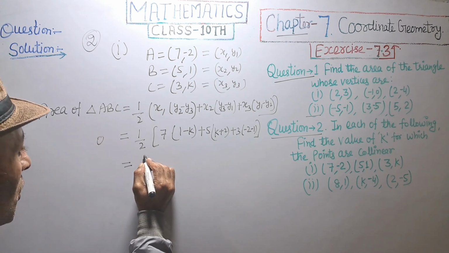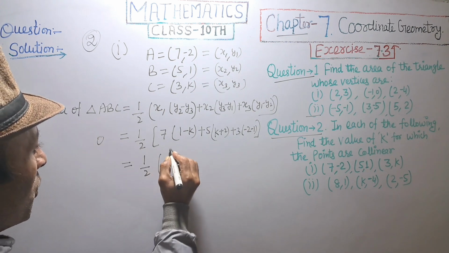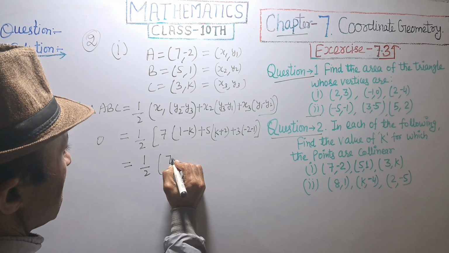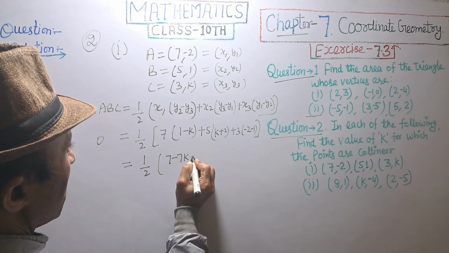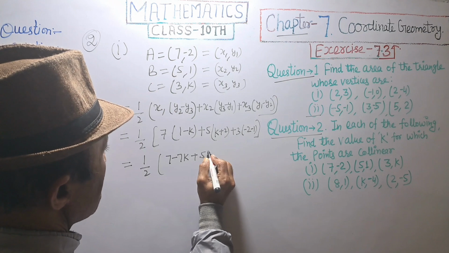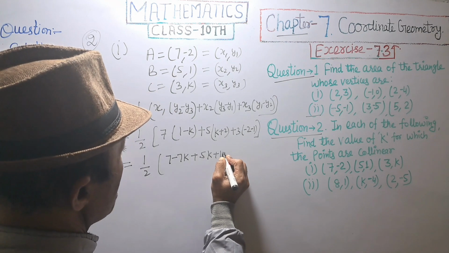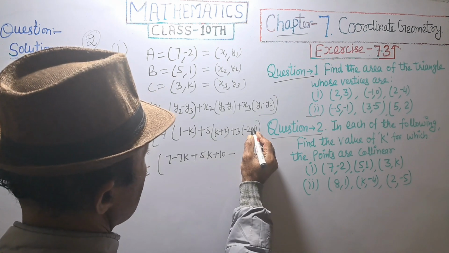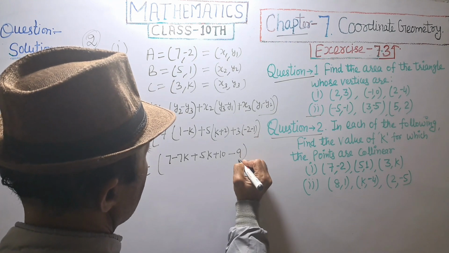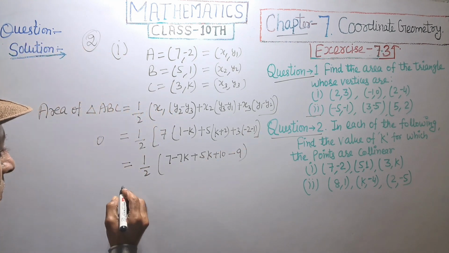1 by 2, 7 minus 7k plus 5k plus 5, 2 5s are 10, that is minus 3, 3 3s are 9, minus 9.